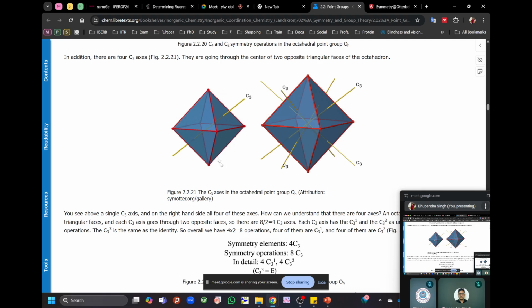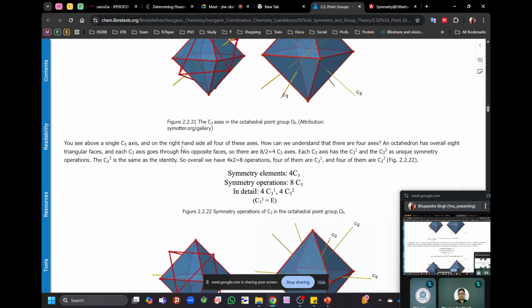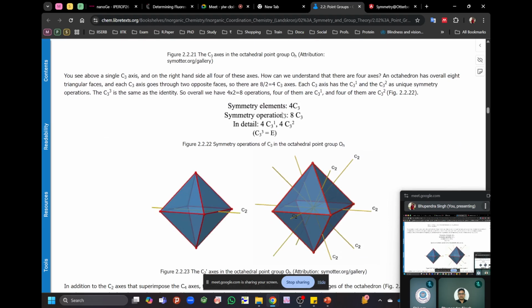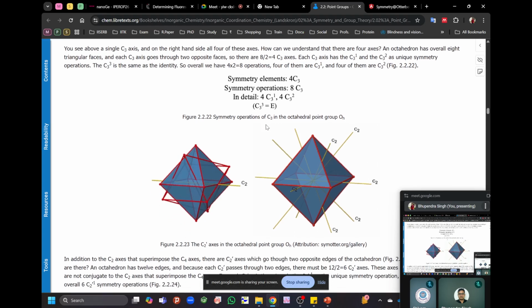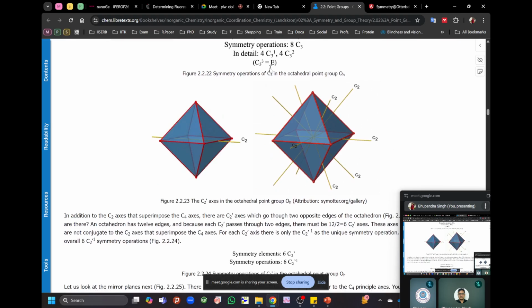So that is how I can see that 4 C3s will be present here, because this has 4 faces above, 4 faces below, so total 8 faces in this octahedral, and one C3 is passing through 2 faces. So it is easier to calculate that 4 C3 elements are present. Obviously operations will be 8 because C3 1, C3 2 for each of the 4 axes, so you can figure it out. Oh, and C3 cubed is identity element.